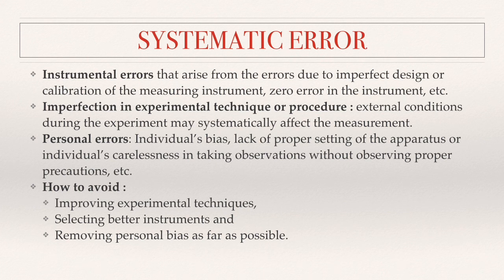Suppose we are measuring in a wrong way, that is also called imperfection in experimental technique. Sometimes a person measures wrongly, so there are personal errors. These can be removed with proper precautions. The proper precautions are improving experimental technique, selecting a better instrument, and removing personal bias such as parallax error or something like that.